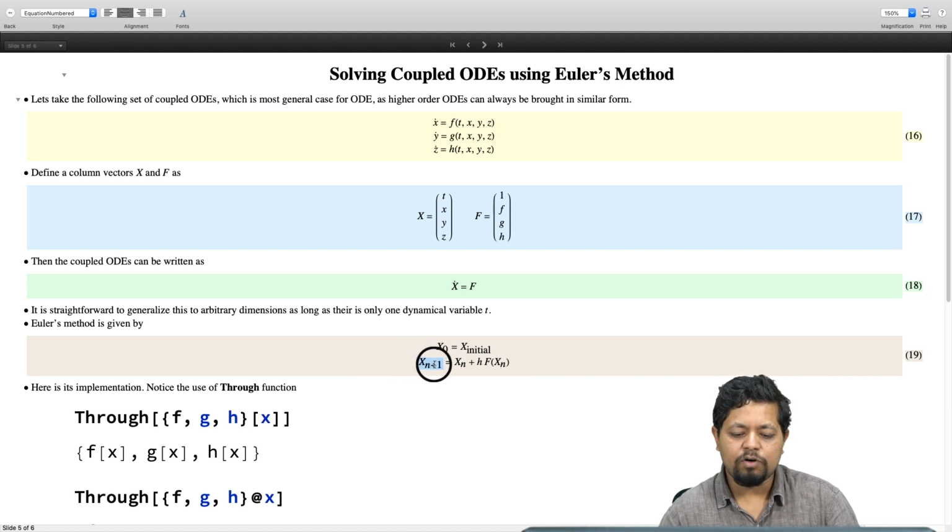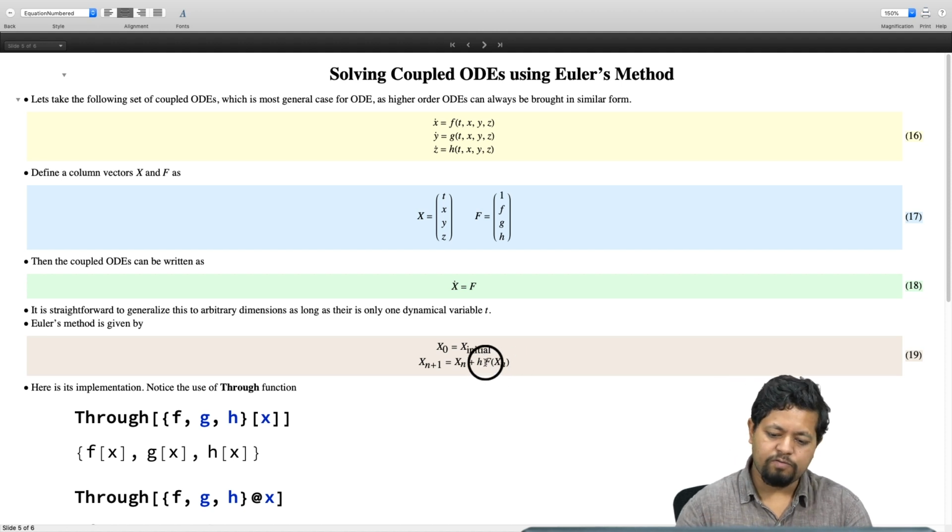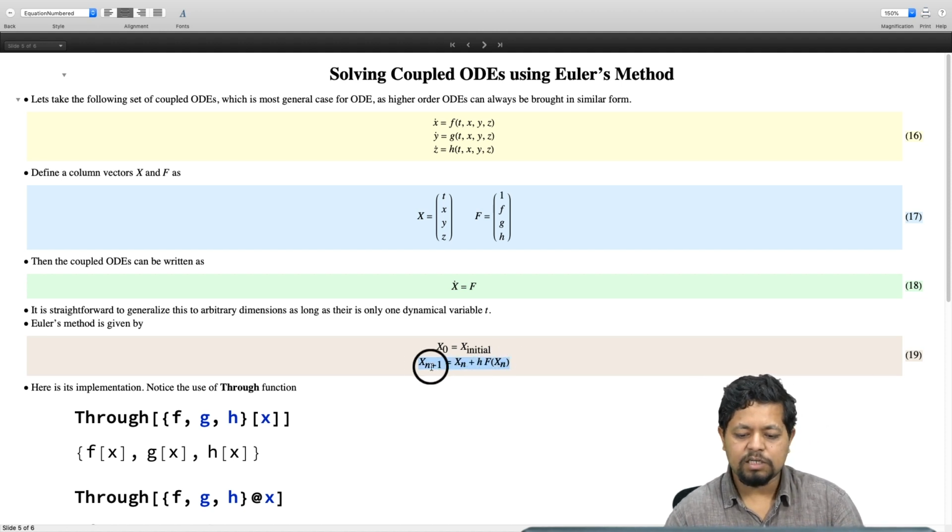Xn plus 1 is a 4 tuple, Xn is a 4 tuple, h is a scalar number, the step size, and F of Xn is a 4 tuple because F is a column vector of 4 functions, where the first one is the identity function. So F evaluated at Xn is going to give me a column vector of 4 items. So this is how I can go ahead and implement that.